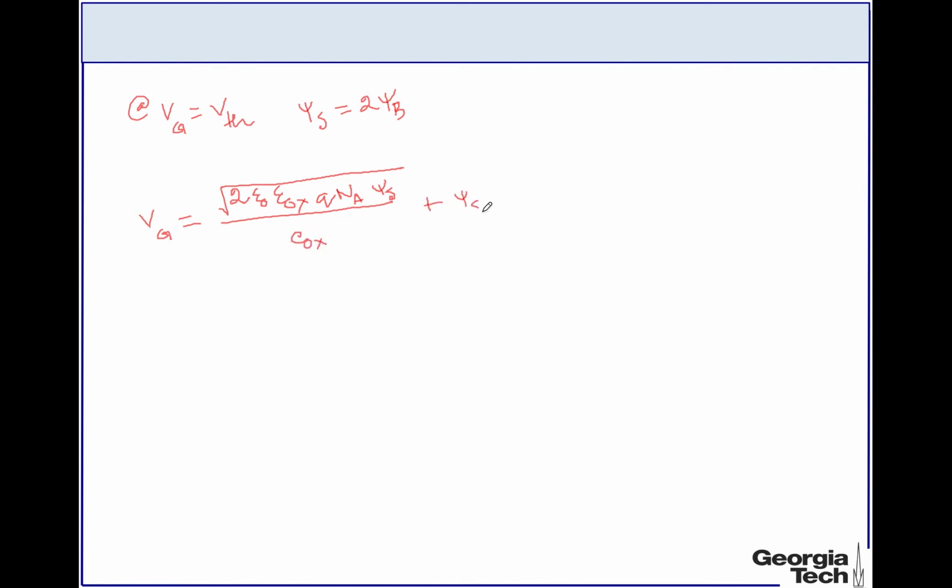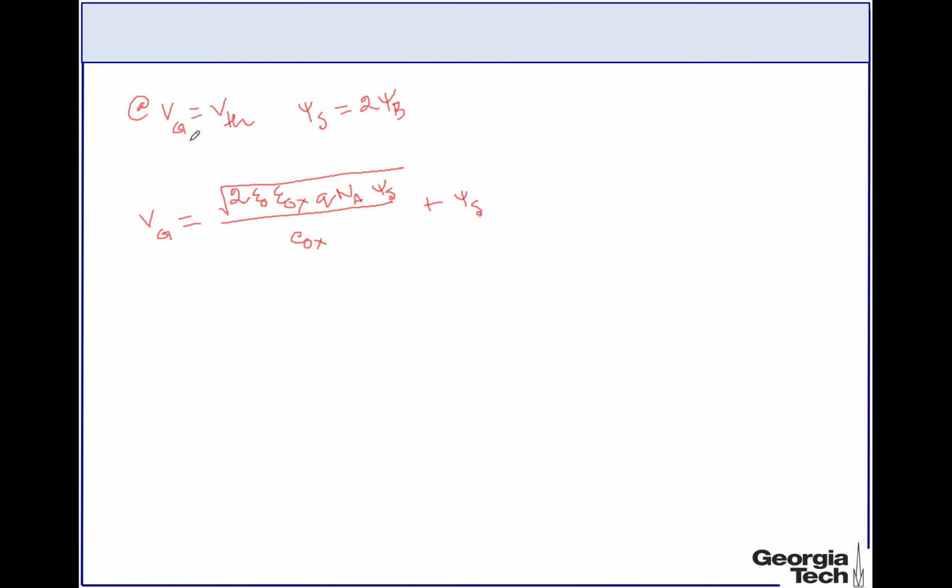Now what we have said is that at Vg equals threshold voltage, our psi s equals 2 psi b, and what we have derived in the earlier slide is that Vg equals square root of 2 epsilon naught epsilon ox q Na psi s, divided by Cox, plus psi s.